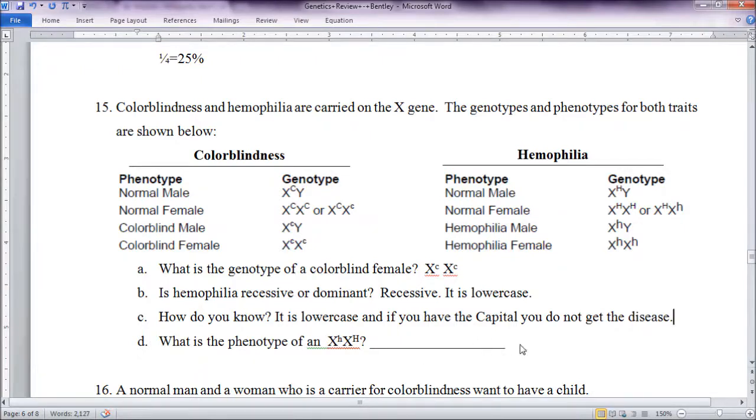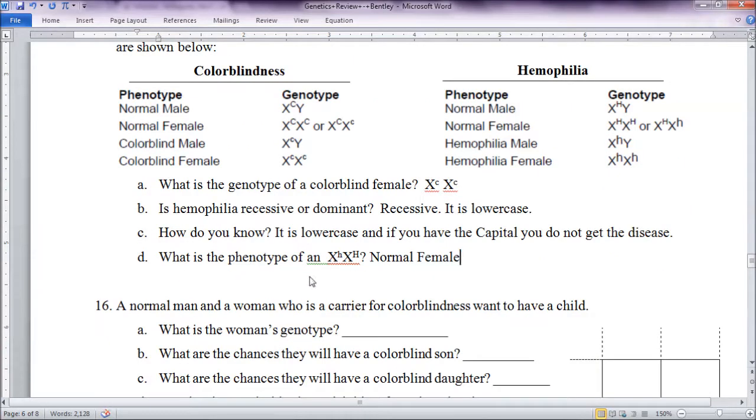So the phenotype of X little c, X capital C, the big C wins, so that is a normal female.